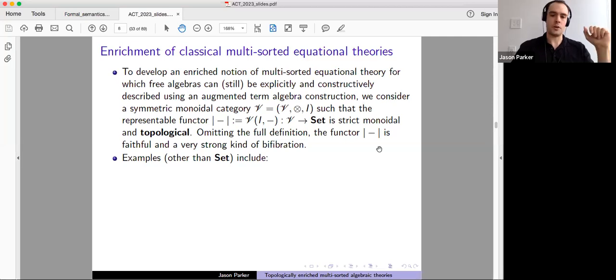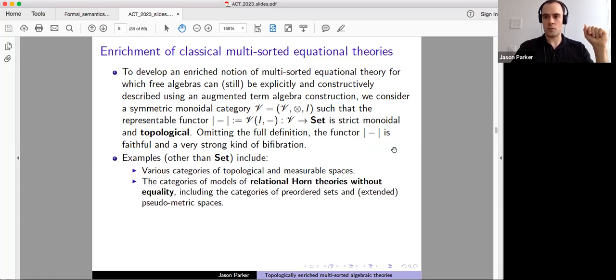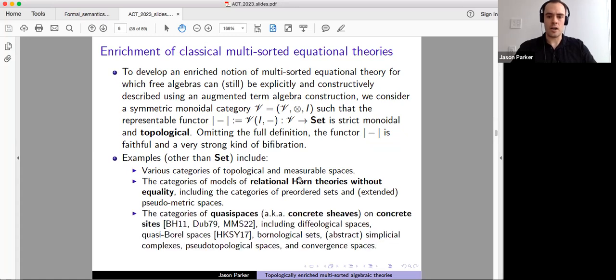We have Set itself, but less trivially, we have lots of categories of topological and measurable spaces. We have the categories of models of so-called relational Horn theories without equality, which include, among many other examples, preordered sets and extended pseudometric spaces where you allow infinite distance. We have the categories of quasi-spaces, also known as concrete sheaves on concrete sites, which have recently been studied quite a bit in computer science generally.